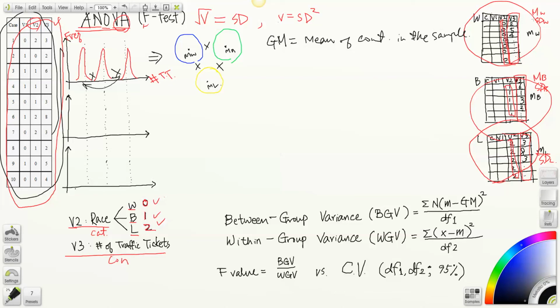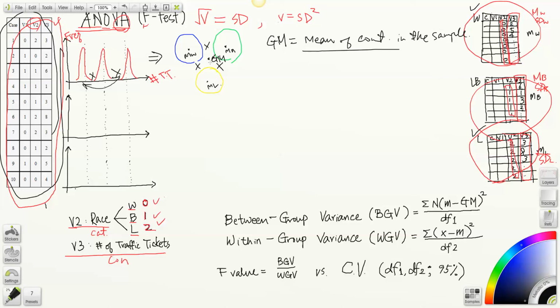And then you broke it down to these subsamples. So your sample is this. So the mean value of the continuous variable is just like the mean of traffic tickets across all subsamples. So this is probably the location of the grand mean. And then, of course, these are the means of each subsample.